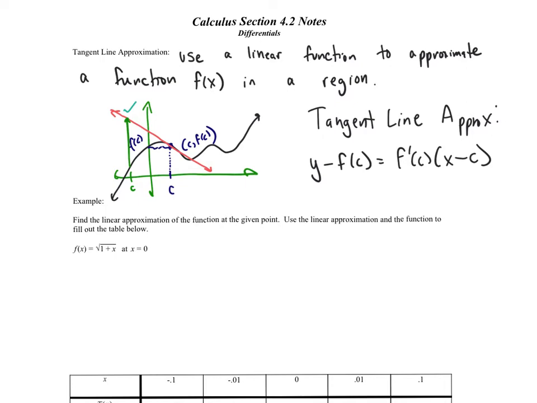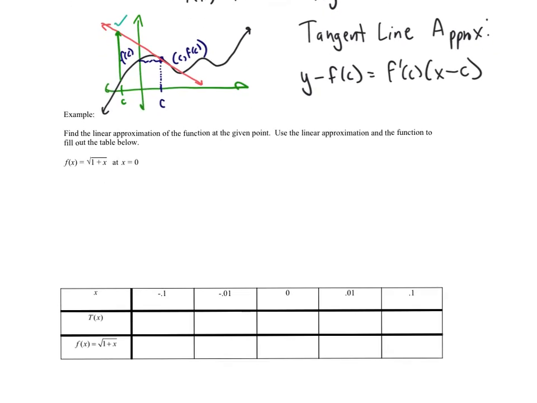So the first thing I'm going to do, if I'm going to find a tangent line approximation, is first find the derivative so we can find the slope. So f prime of x for this function. Now remember, this function f of x equals square root of 1 plus x is the same as 1 plus x to the half power. So it's going to be 1 over 2, 1 plus x to the minus 1 half.